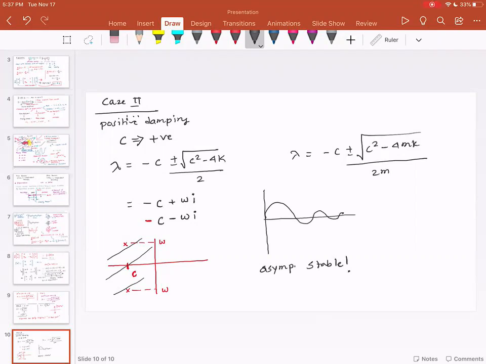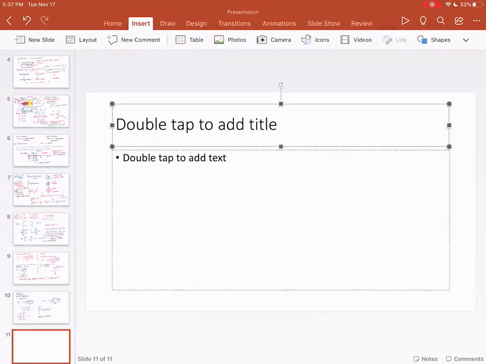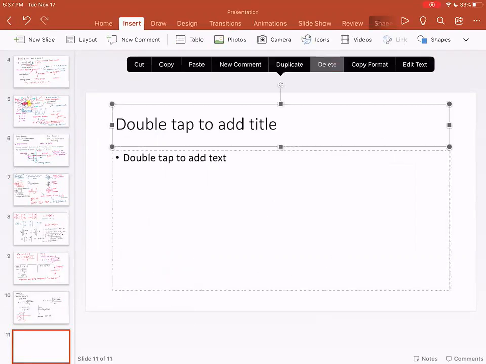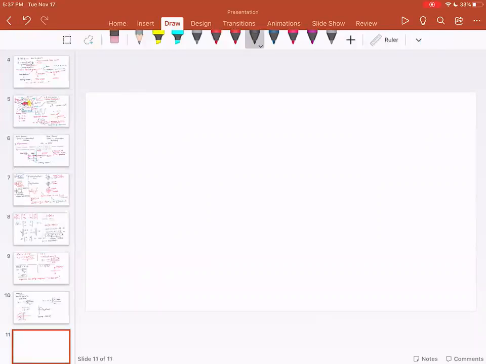Now let's look at the last case: negative damping, where c is negative.